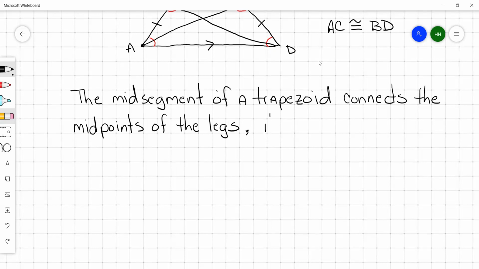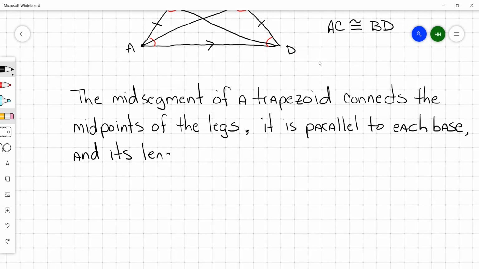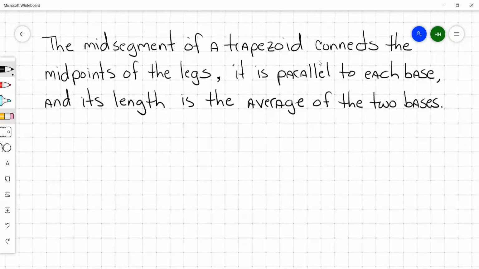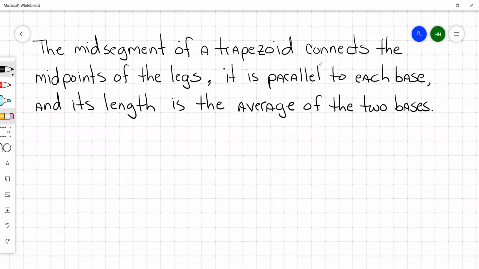It is parallel to each base and its length is the average of the two bases. Now, that's for any trapezoid.